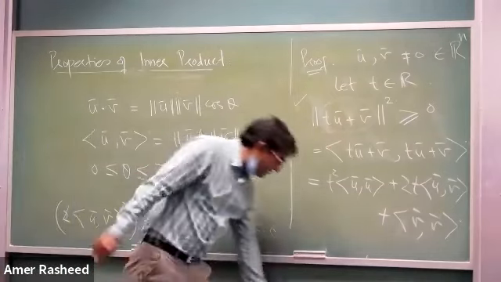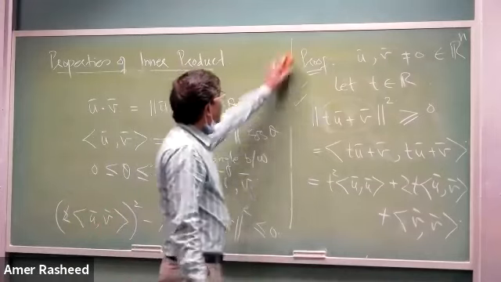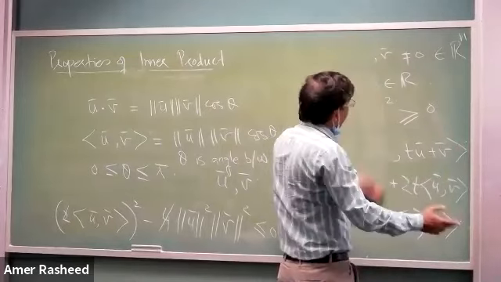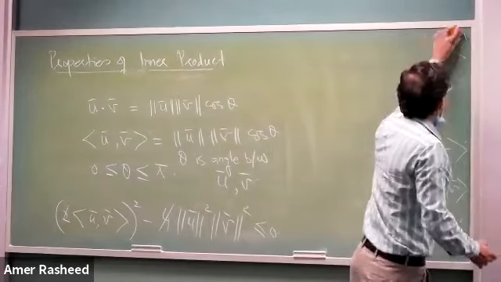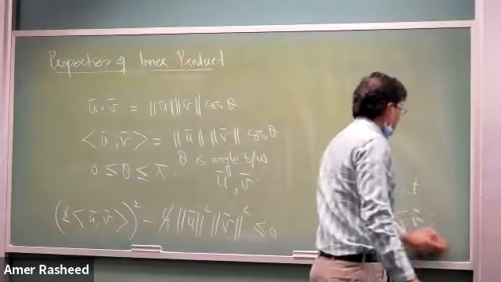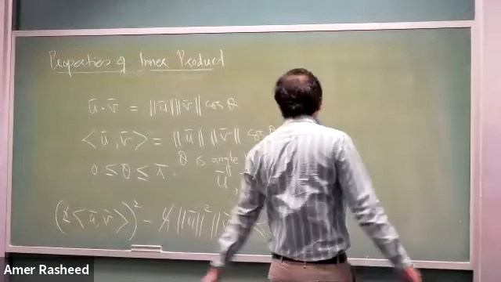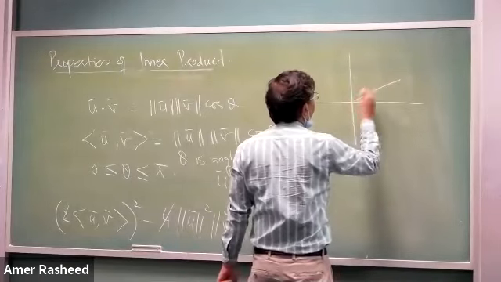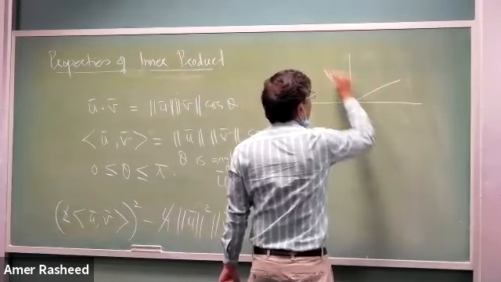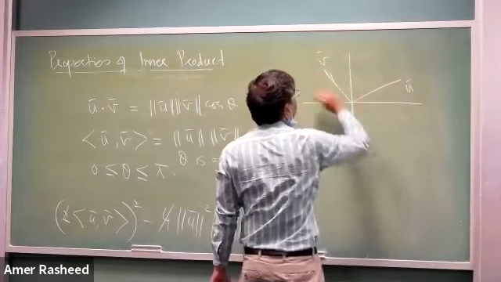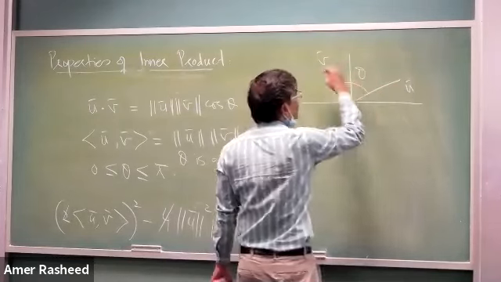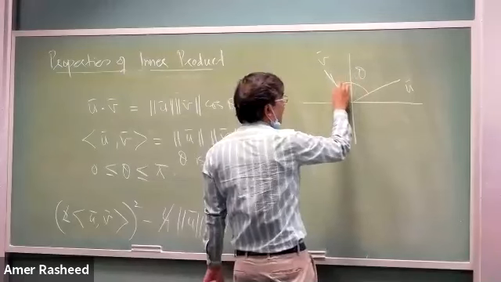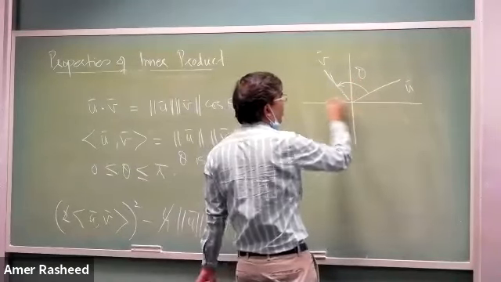Why is it so? Because if it is greater than pi, we can take the other direction of the angle. This is the anti-clockwise direction of theta. If you have two vectors, this one is u and this one is v, then this is the angle between them. This anti-clockwise angle should be between 0 and pi.